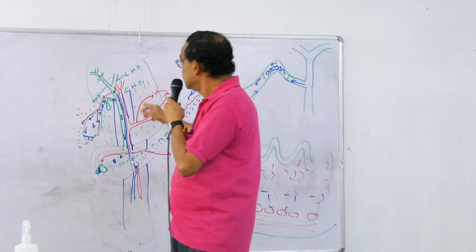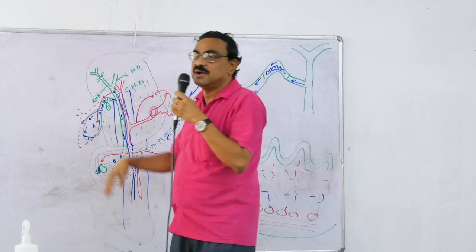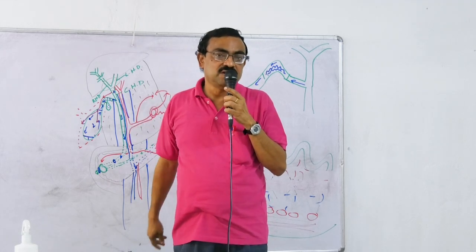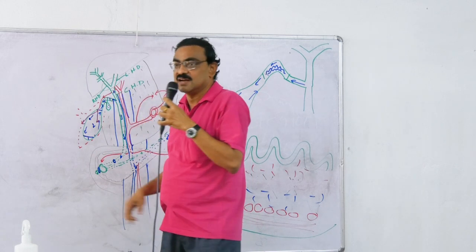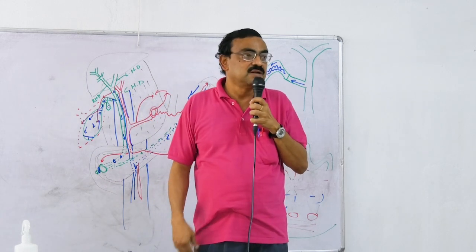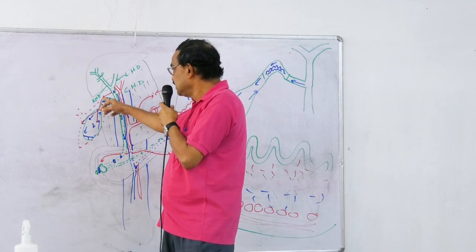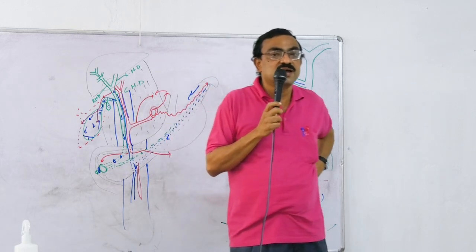Some authors prefer the undersurface of the liver as one side of the triangle, and they think the cystic artery is the content. But many authors describe the cystic artery, cystic duct, and common hepatic duct. This is the Gallbladder triangle.